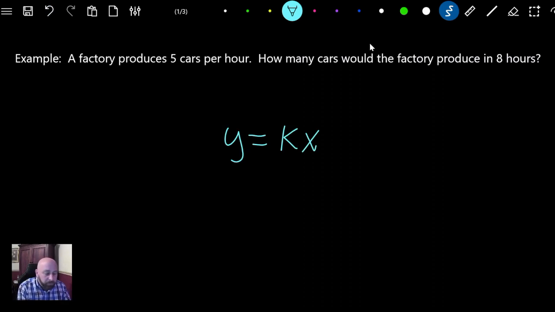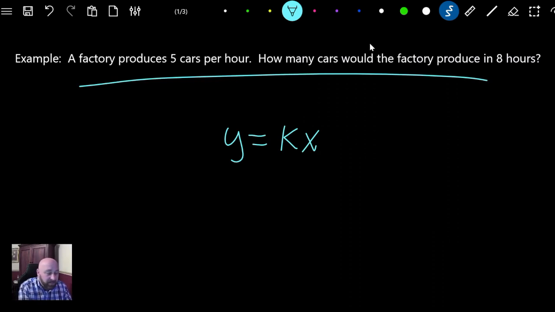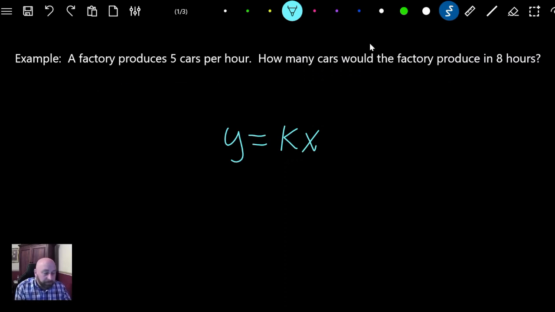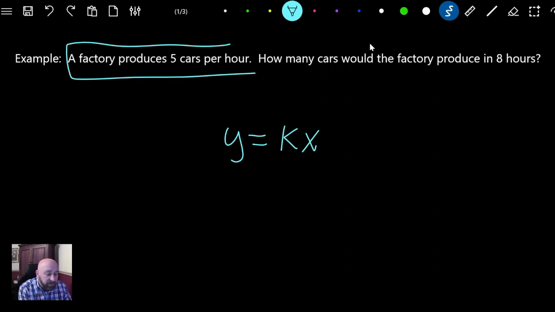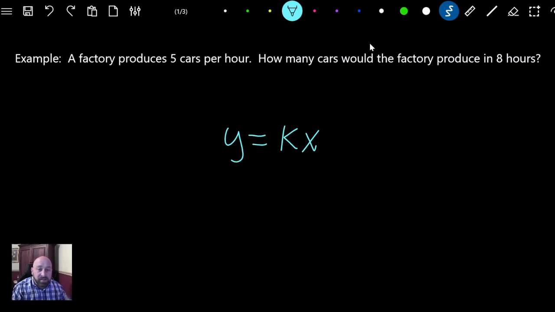There we go. Now, what is y? What is k? What is x? Let's identify these in this little story problem that we have going on. So, if it produces 5 cars per hour, it always produces 5 cars per hour. There was no qualification given there. It didn't say, well, if this happens, then it produces.